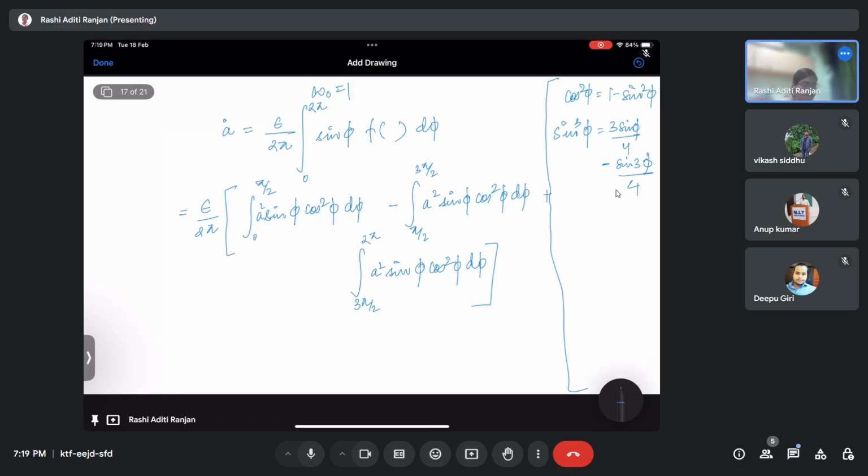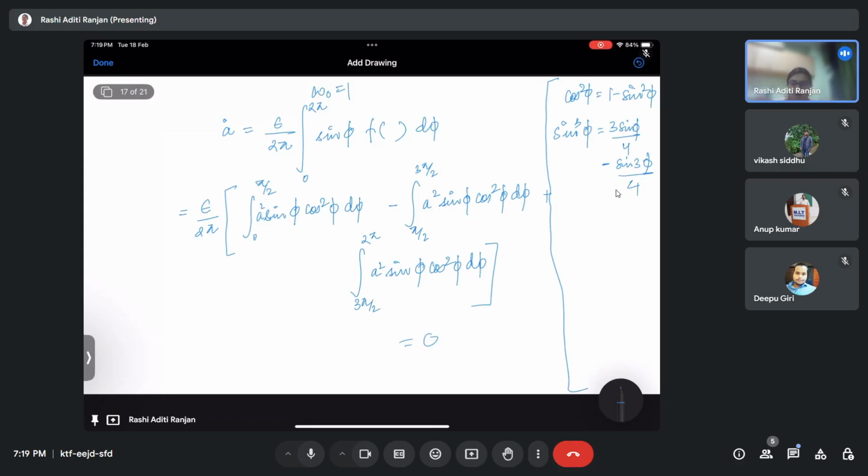So if you apply all the integration techniques, you will see that this whole integration is going to come out to be 0.